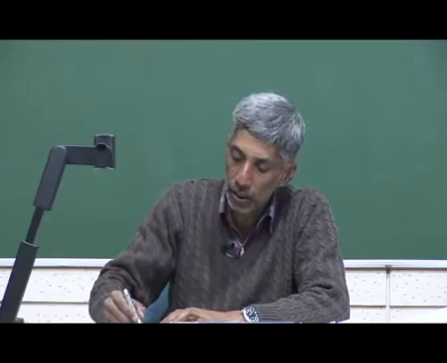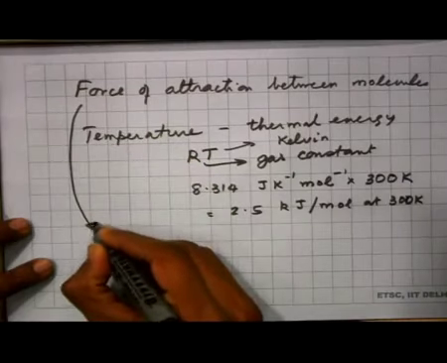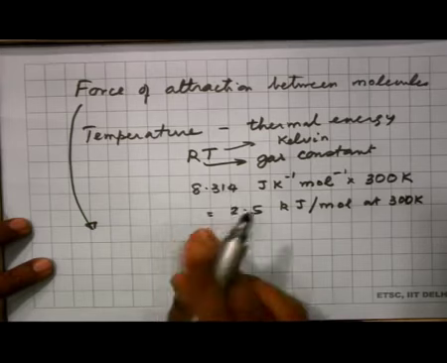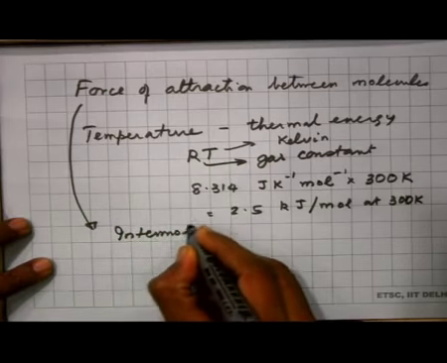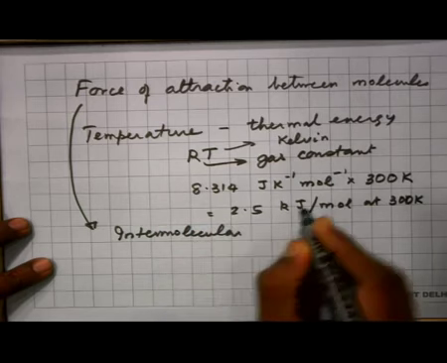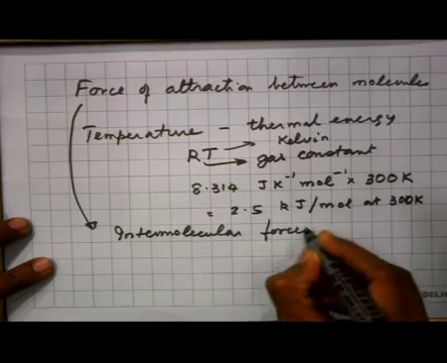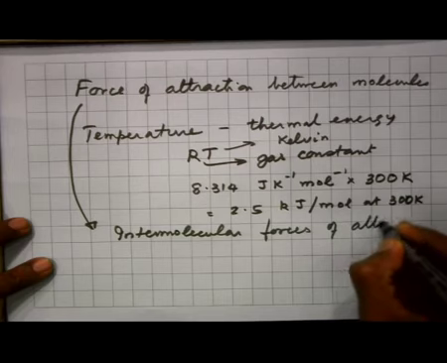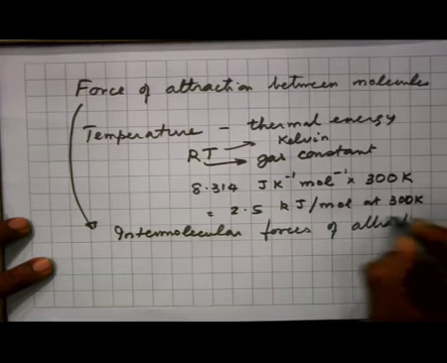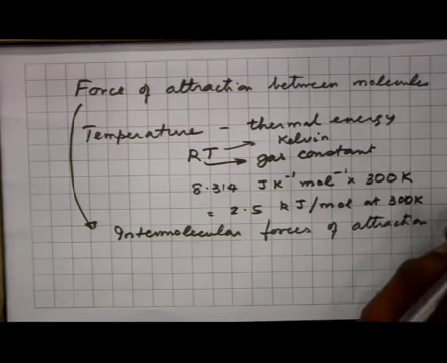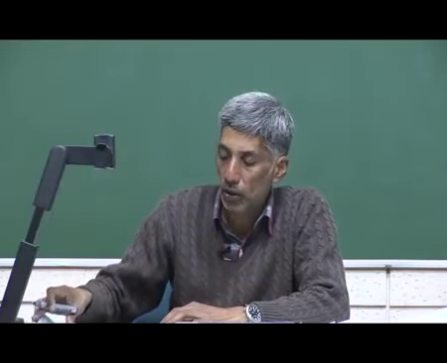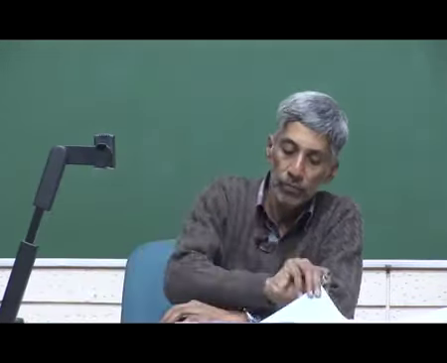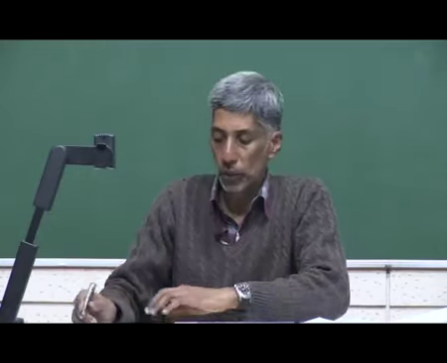So, what we need to understand is what is this force of attraction that holds molecules together. This is the intermolecular forces of attraction. Can we get a rough estimate of the size of this intermolecular force of attraction? How do we do this?